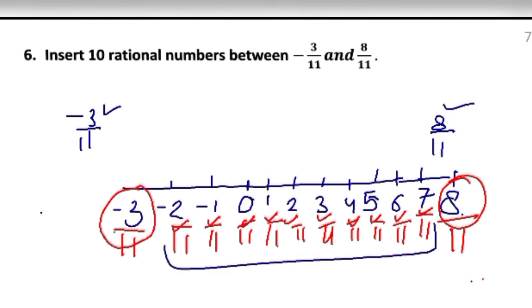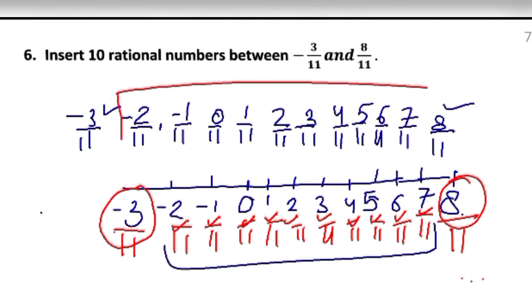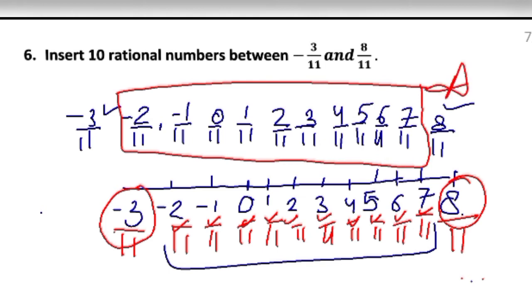These 10 rational numbers are minus 2 upon 11, minus 1 upon 11, 0 upon 11, 1 upon 11, 2 upon 11, 3 upon 11, 4 upon 11, 5 upon 11, 6 upon 11, 7 upon 11. Okay, so this is your answer.